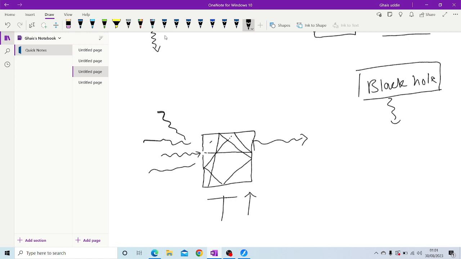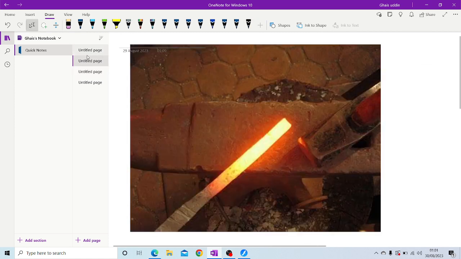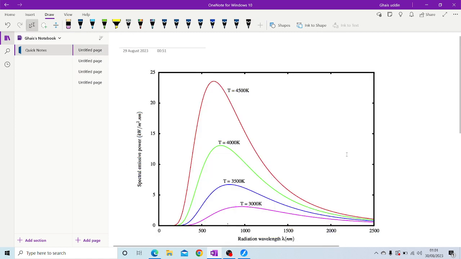So we get a spectrum for this black body when the body is heated. We can get a spectrum like this for different temperatures, like T equal to 4500 Kelvin, 4000 Kelvin, 3500 Kelvin, and 3000 Kelvin. These are different temperatures.